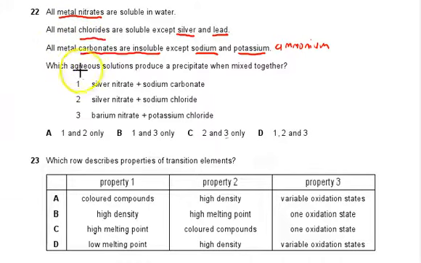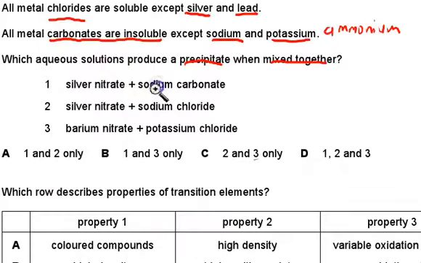Which aqueous solutions produce a precipitate when mixed together? So if you look at here, silver will be combined with carbonate. So you will have silver carbonate plus sodium nitrate.